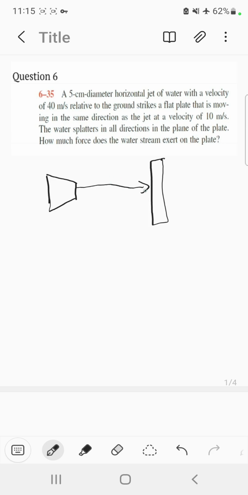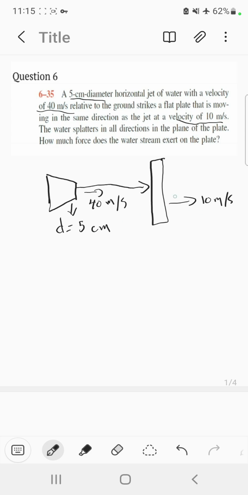The water is going with 40 meter per second, it is telling you here, and the plate, when it hits the plate, is also moving in the same direction with a velocity of 10 meter per second. And we know the diameter of this one is D equal to 5 centimeters, because it's telling you here.